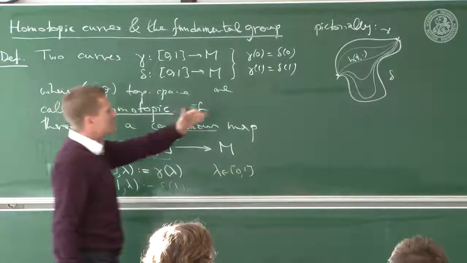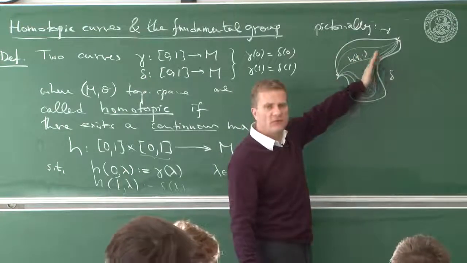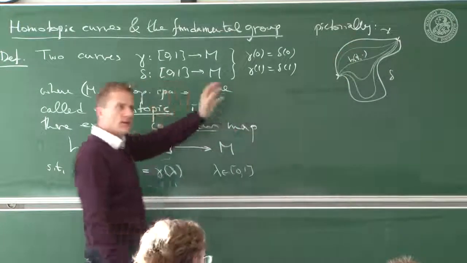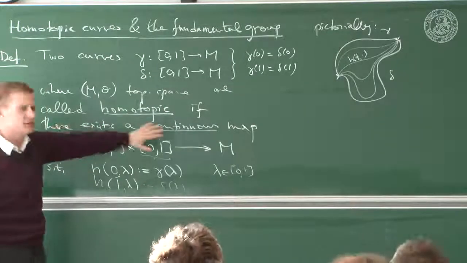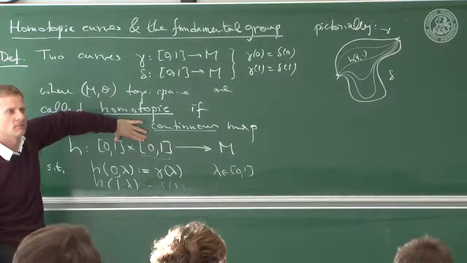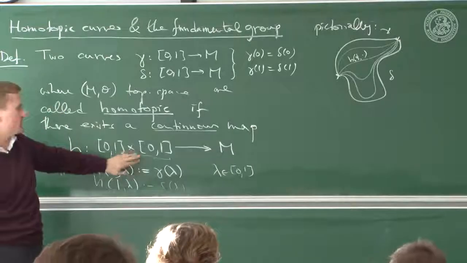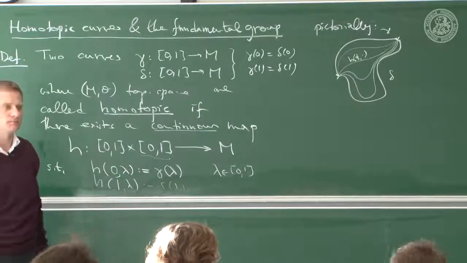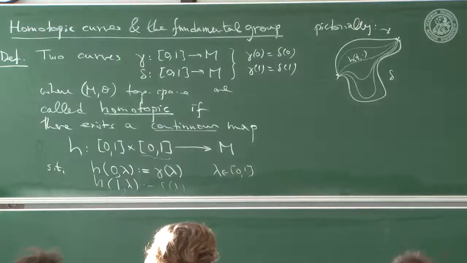And the whole statement that delta or gamma can be continuously deformed into the other is formally encoded in the idea that you have one continuous map on this product space. So whenever somebody talks about continuous deformation, it's something like this. Okay, interpolating map here.